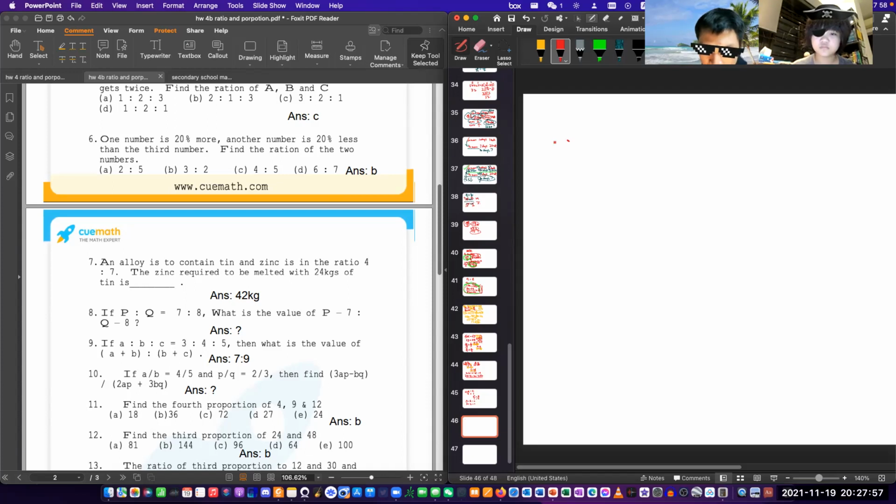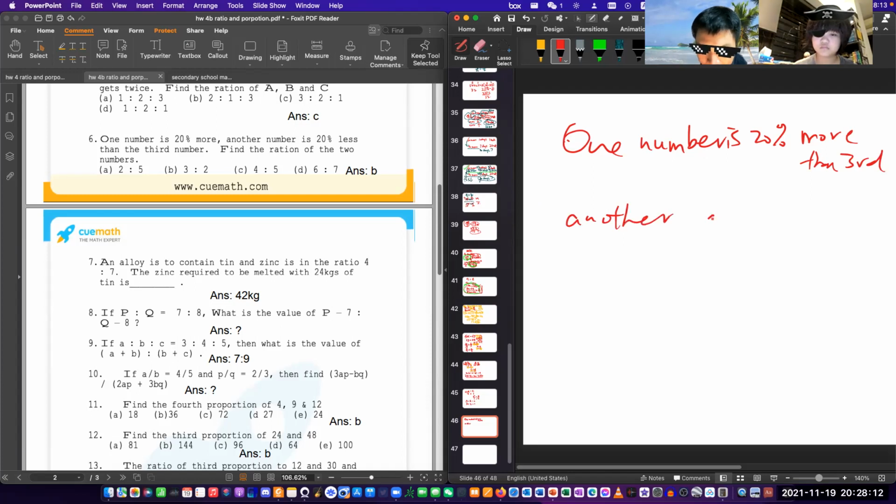I guess the meaning of this is one number is 20% more than the third. They are comparing to the third number. Then another is 20% less than the third.